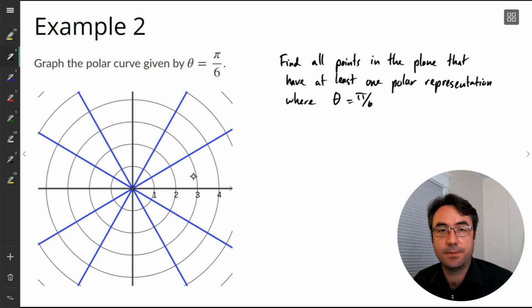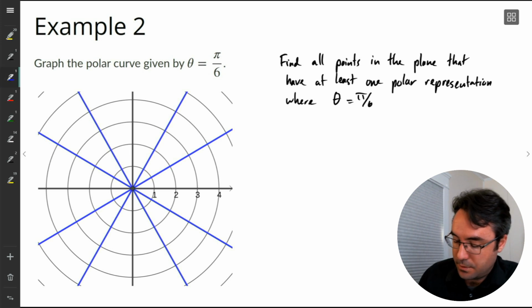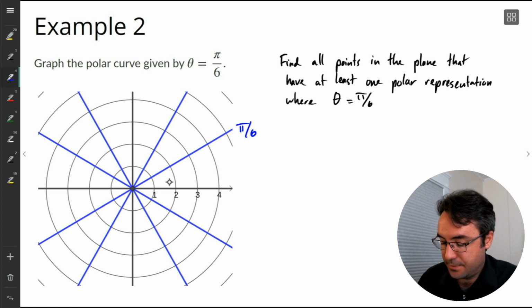This is really what we're trying to do. So let's find our pi over 6 ray. Here it is.